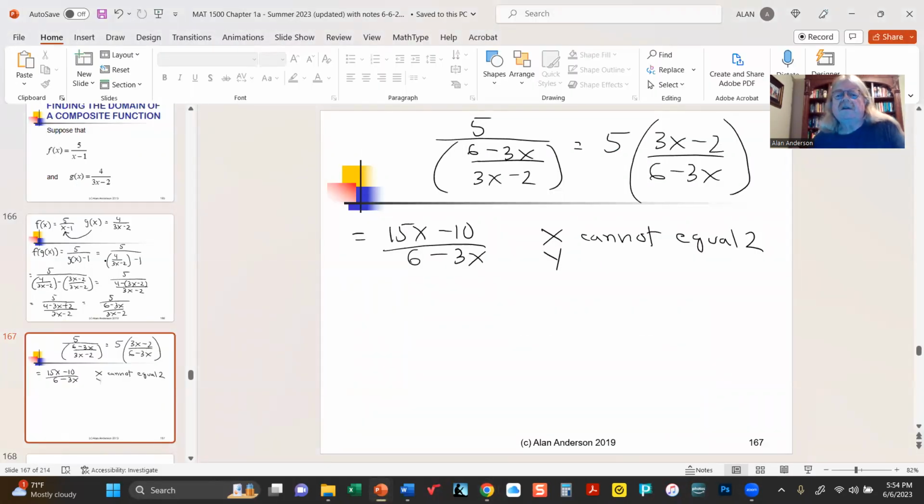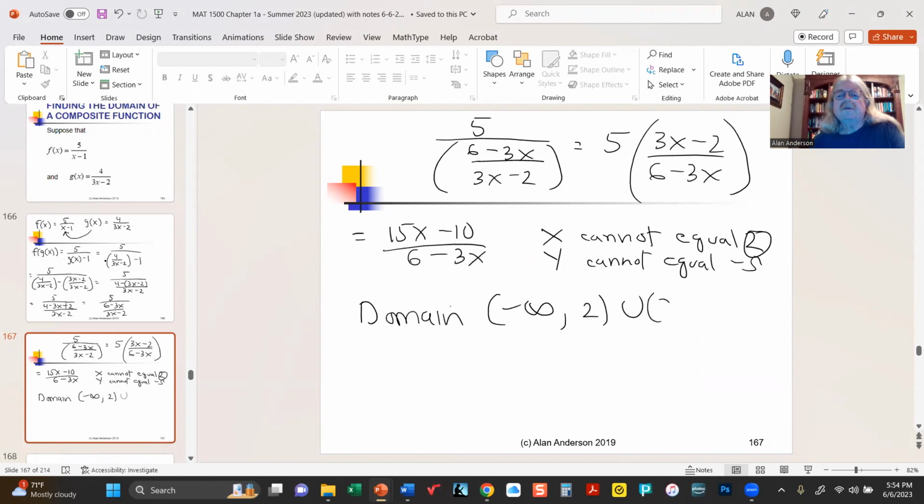We'll demonstrate that later on. The key here is this: the domain is everything from -infinity up to 2, not including the 2, then 2 up to infinity, not including the 2.